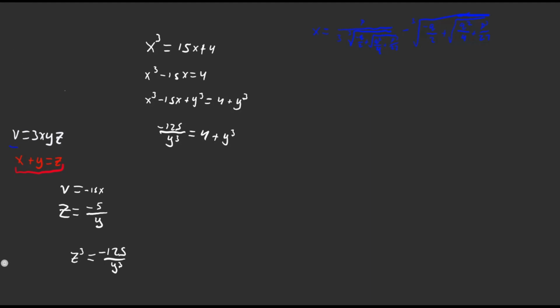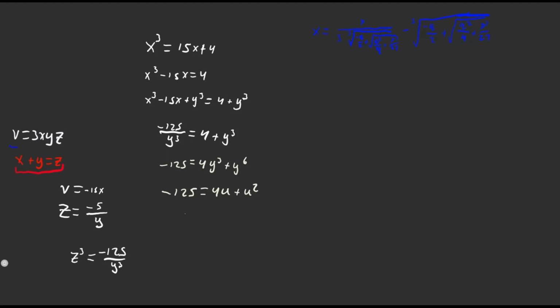And now what we will do is write our quadratic. So we just multiply by y cubed, is equal to 4y cubed plus y to the power 6, excuse me. And with that, we could just write our quadratic finally, is equal to 4u plus u squared, where we could just solve using the quadratic formula.